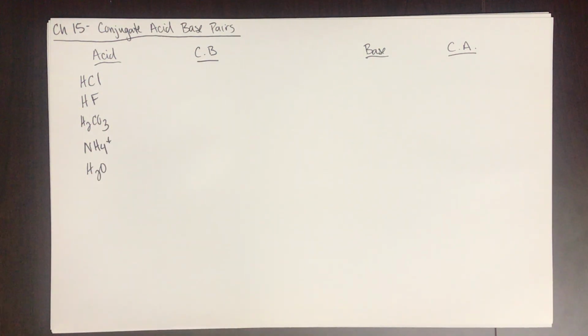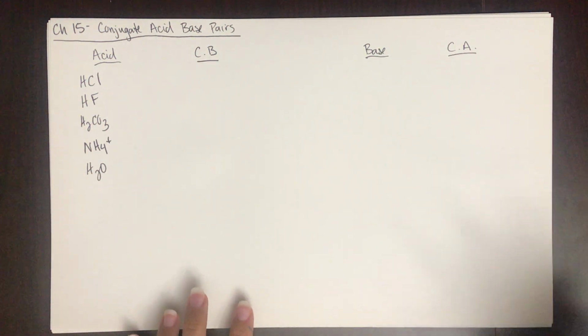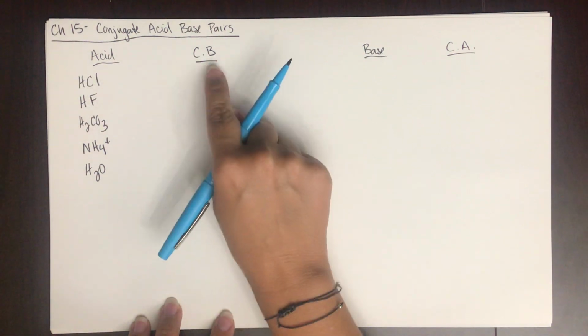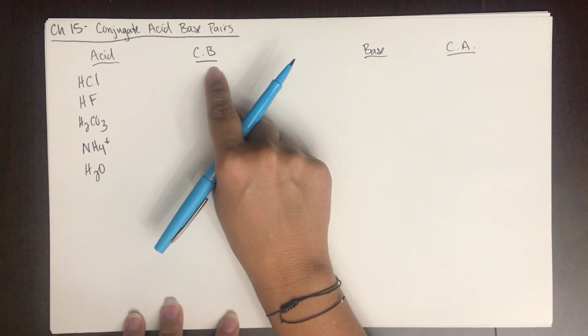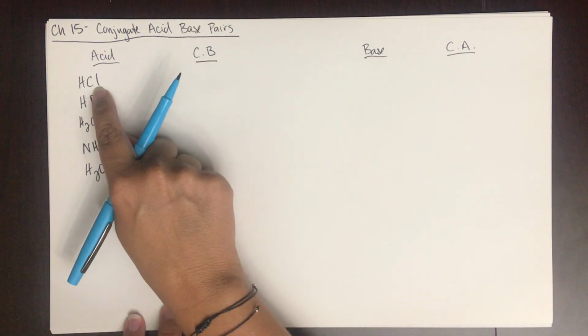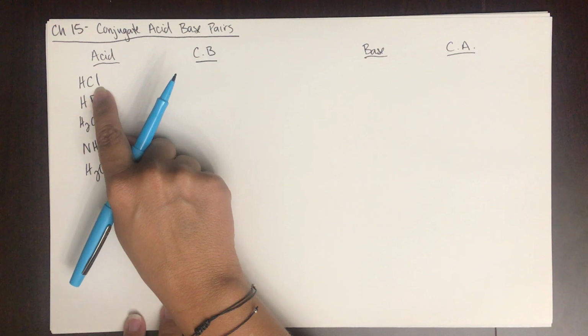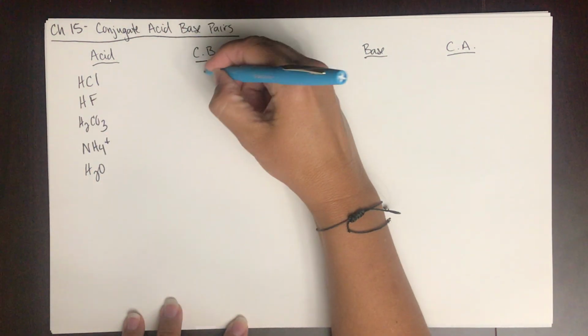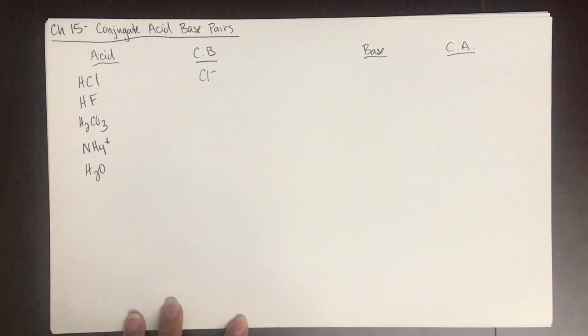So if we were to write the conjugate base of each of these, the difference between the acid and the conjugate base is that we are losing a hydrogen ion. So remember, a hydrogen ion, it's an ion, which means it's charged. This is a neutral molecule. If we remove an H+, we are going to get a Cl-.